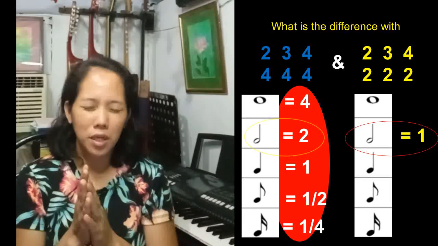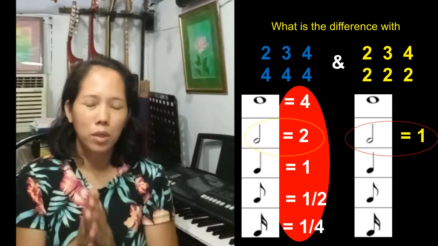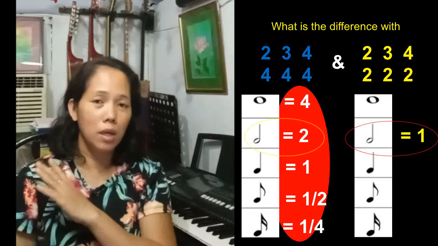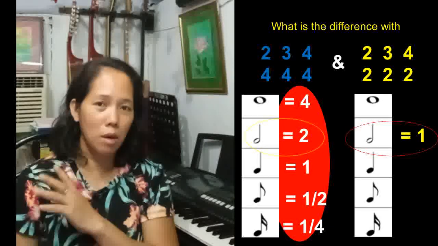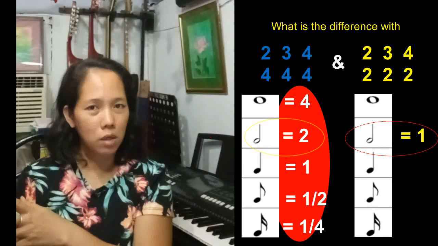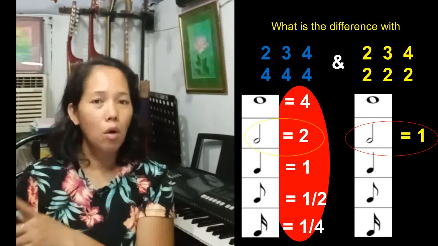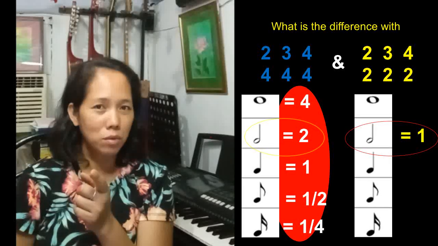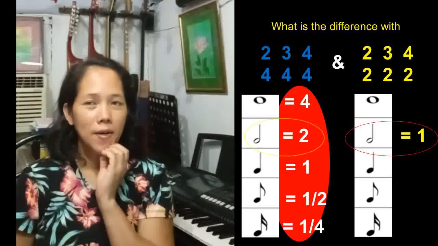So let's just think that when the lower number is 2, all the values we've known and memorized from the original one with the lower number 4 in time signature will be divided by 2 or will be halved.